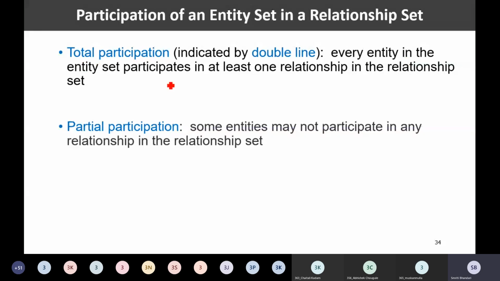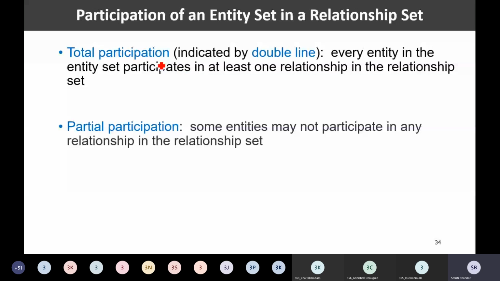If every entity in the entity set participates in at least one relationship in the relationship set, then it is total participation. Every entity must participate in the relationship set.